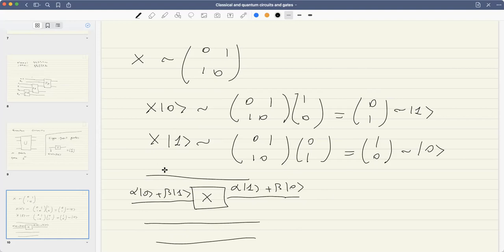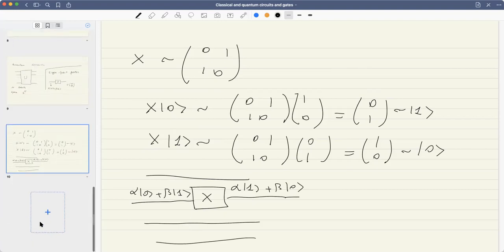One can think of the state here as some superposition of various tensor products, right? So you have a tensor product of 0 with some stuff living in the Hilbert space of other bits, and some tensor product of 1 with some other stuff on the other bits. So this goes in and just flips the 0s and 1s there.